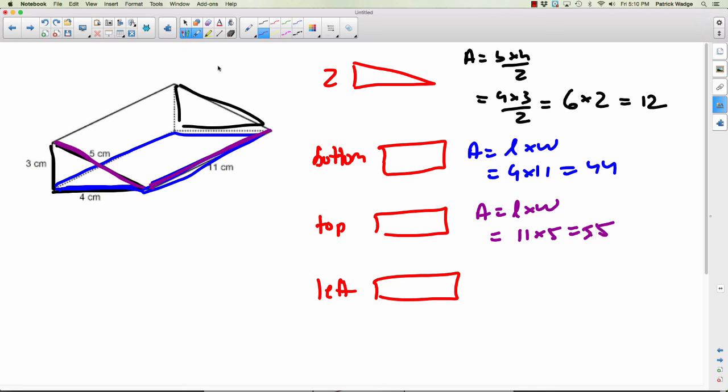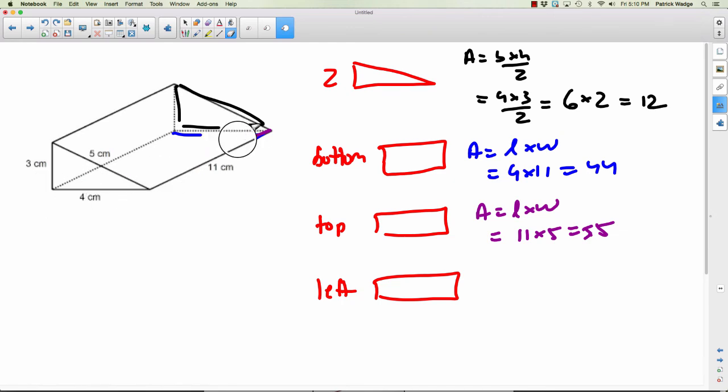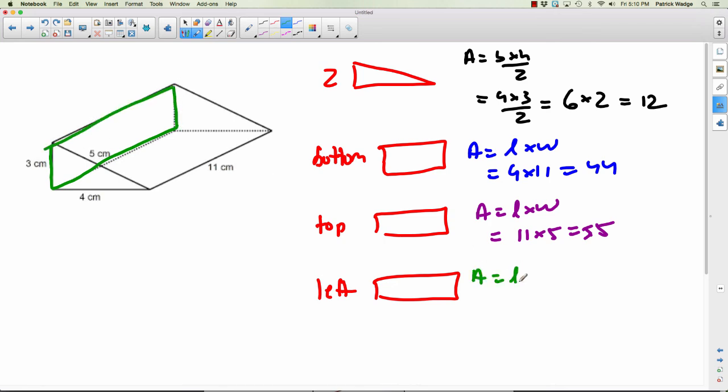And finally, on the left, I'm going to erase all this so we can see it a little bit better. The one I'm talking about now is this one here. It's a rectangle, so it's going to be length times width. What are the dimensions? 3 by 11 again, right? Same as this. So 3 times 11, which is 33.